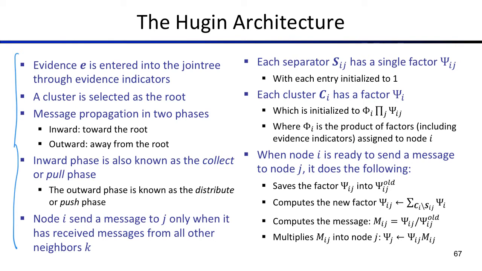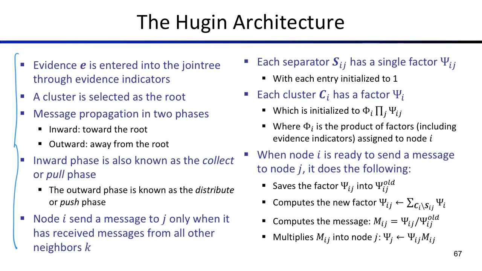Each cluster C_i has a factor psi_i, and this factor psi_i is initialized with the big phi_i, that is the multiplication of the factors and the evidence indicators, together with the messages that we got, the psi_ij. There are the factors associated with each separator that are initially all 1, so we will not change anything here.